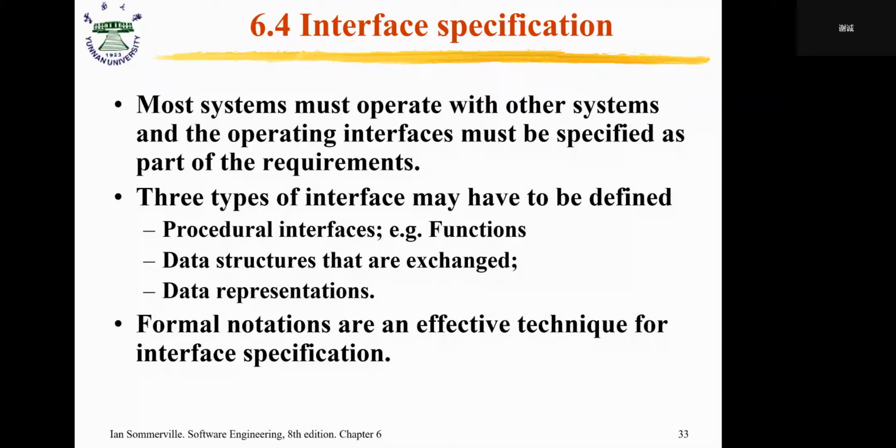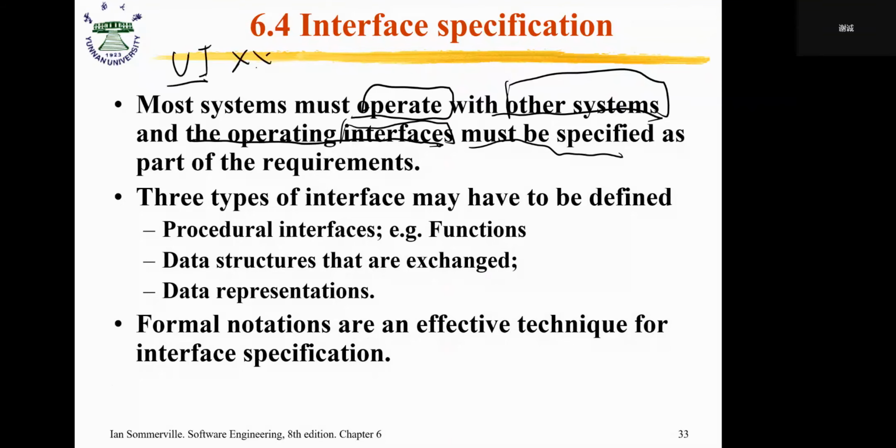Because most systems must operate with other systems, and the operating interface must be specified. Okay, everyone. Here, this interface does not mean the UI, not the user interface. It is a system interface. So it's not shown or displayed to you, but it's more like an exchange among different systems.